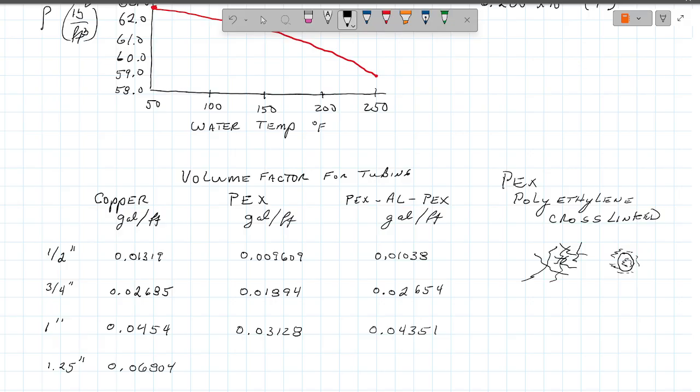0.06804, and then it is 0.04668. Okay. And then 1.5 inch copper is 0.09505, and that is 0.65164 PEX.